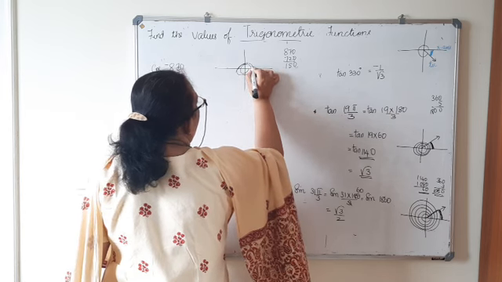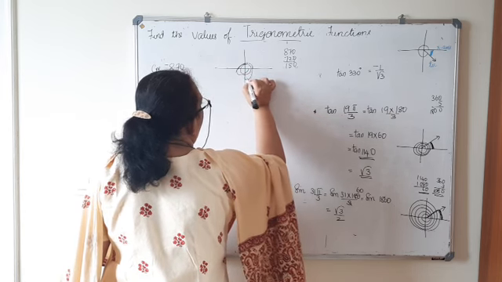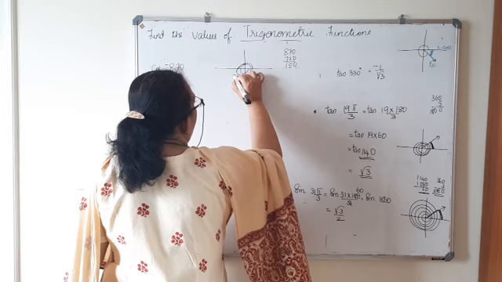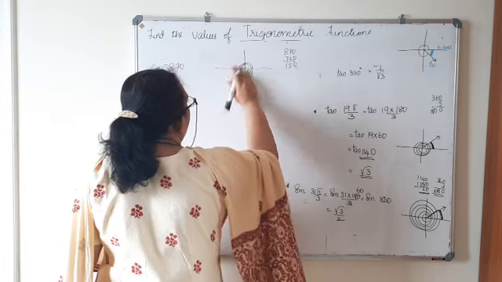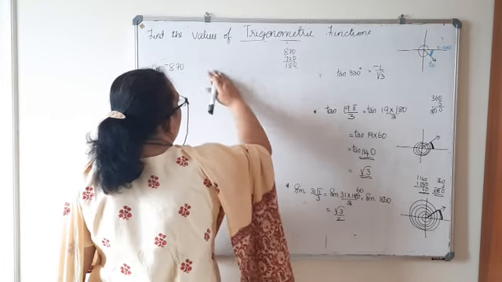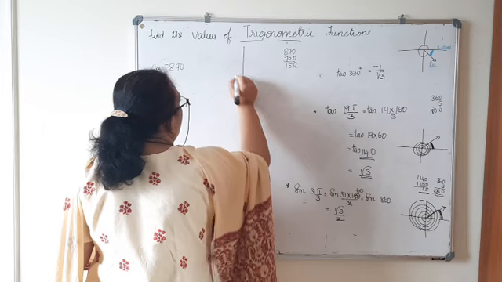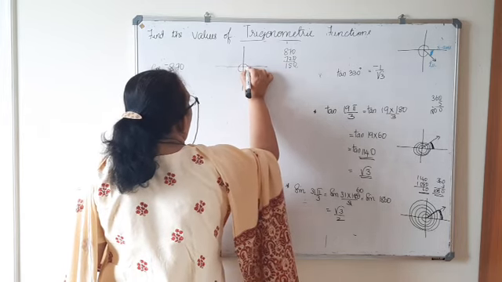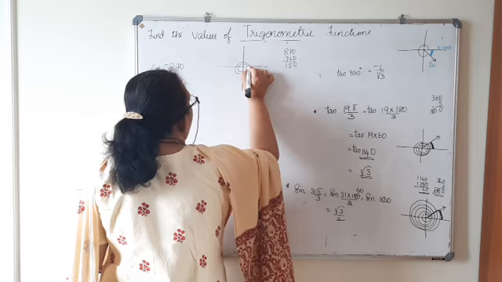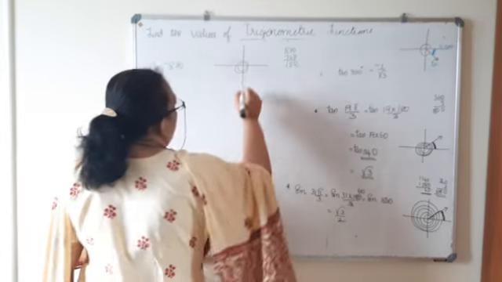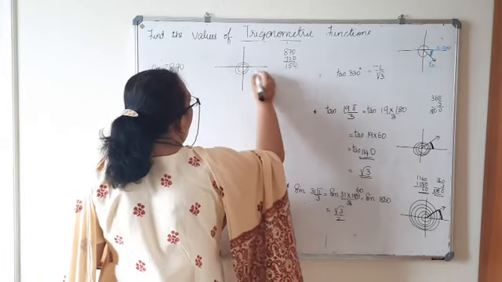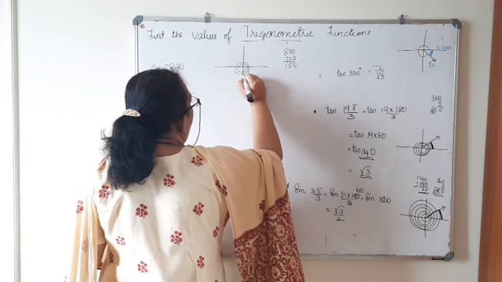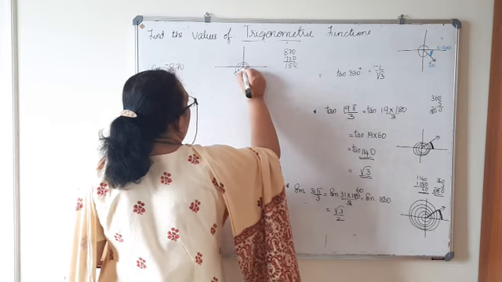So this is 90 plus 60. 360, 720. Again 150, 90 plus 60.